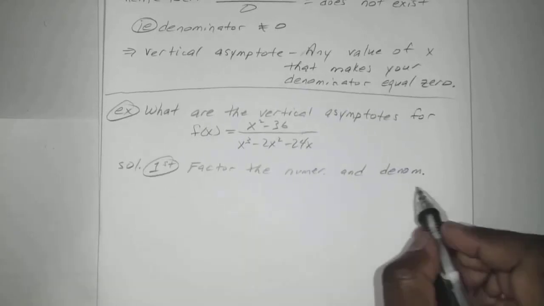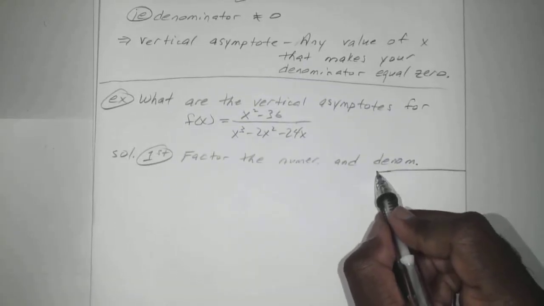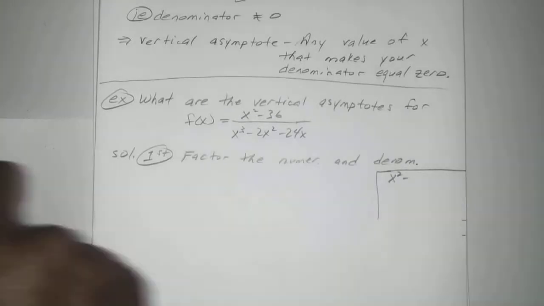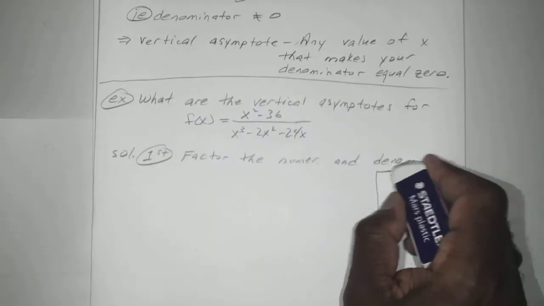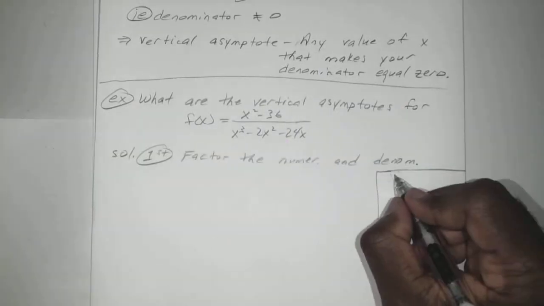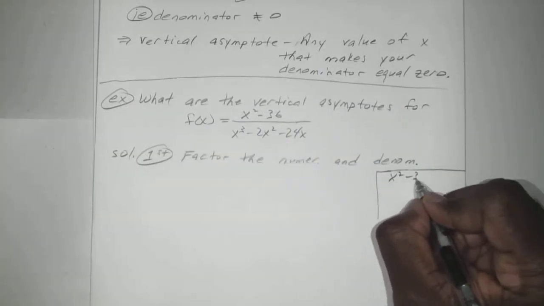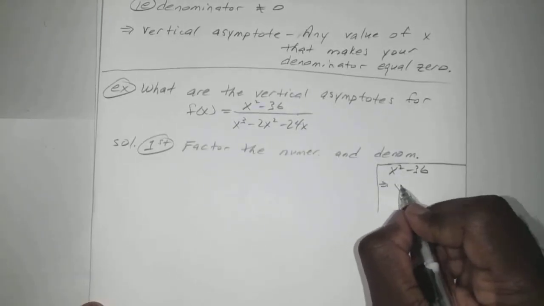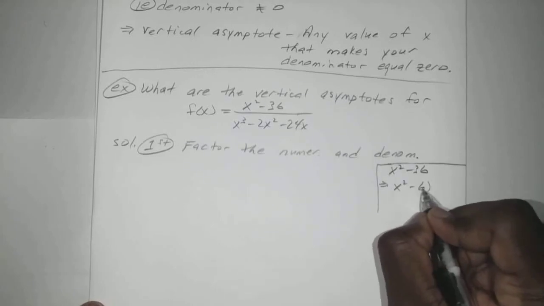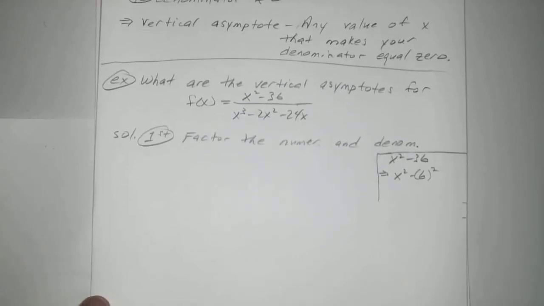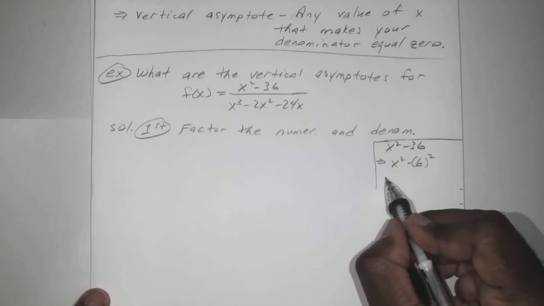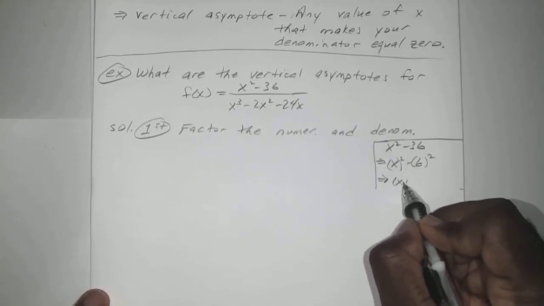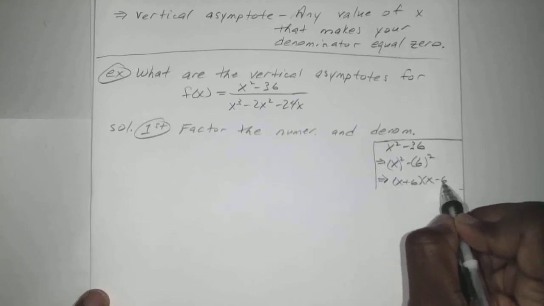x squared minus 36 is the difference of squares. So you can write that as x squared minus 6 squared, and we know the difference of squares is x plus 6, x minus 6.